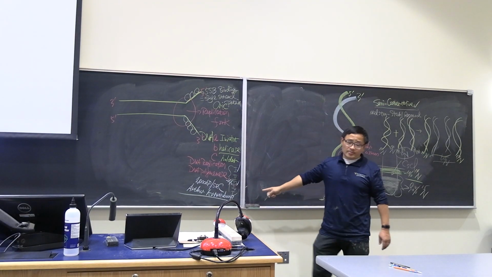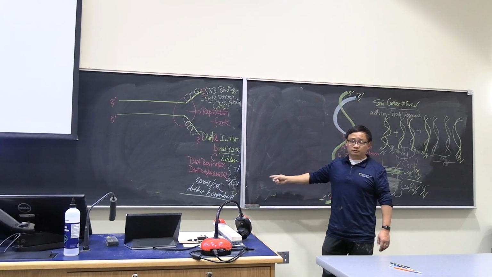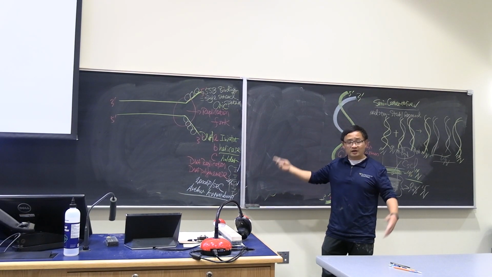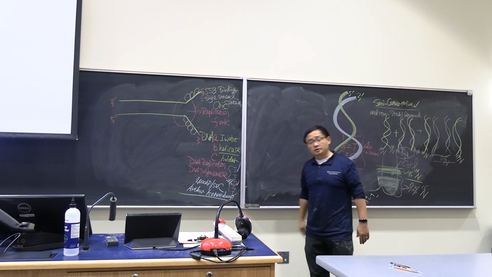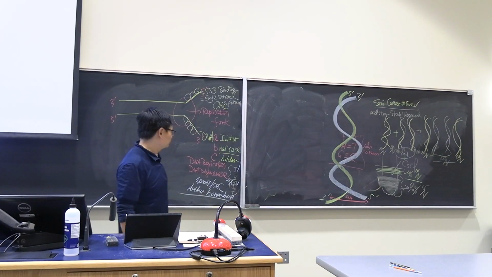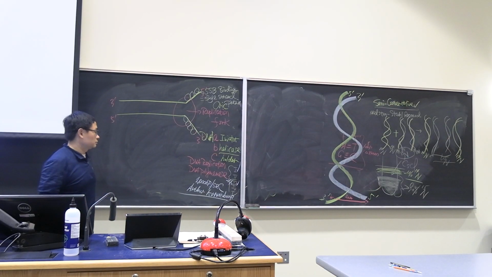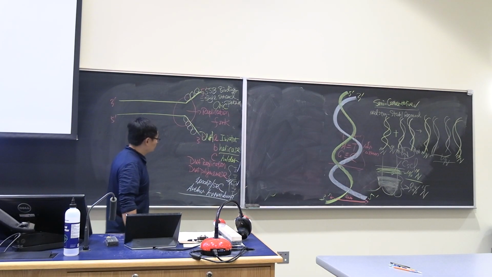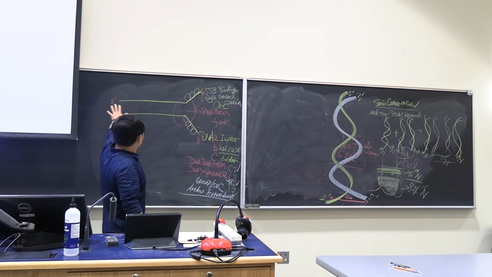His son, Roger Kornberg, is also very good, and he discovered RNA polymerase. It was a Nobel Prize in 2006. So the family is very intelligent, to be honest, so that's very good.